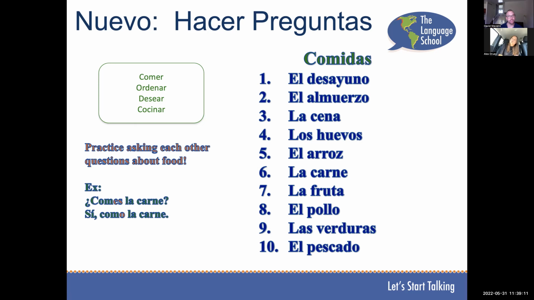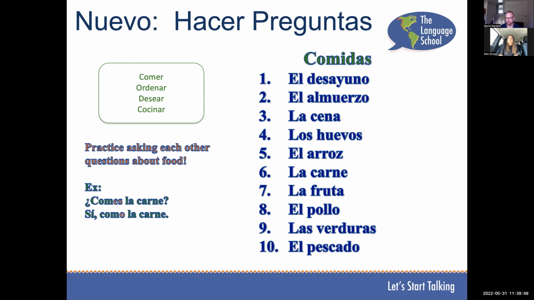El almuerzo is lunch. ¿Cocinas el almuerzo? Sí, cocino el almuerzo. ¿Qué significa la cena? La cena is dinner. ¿Ordenas la cena? Sí, ordeno la cena.